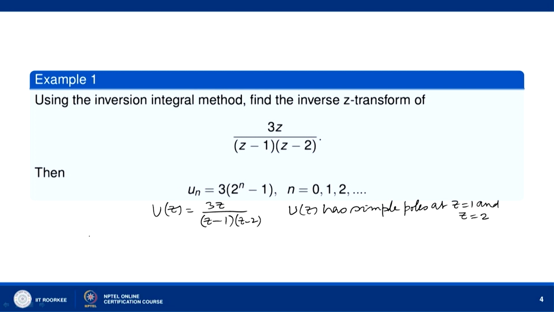Now, let us find the residue of Z to the power n minus 1 into U of z at z equal to 1.